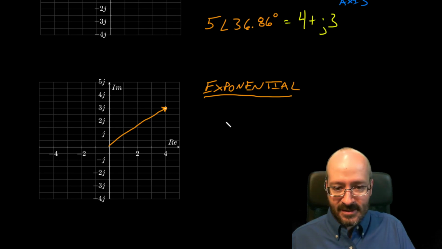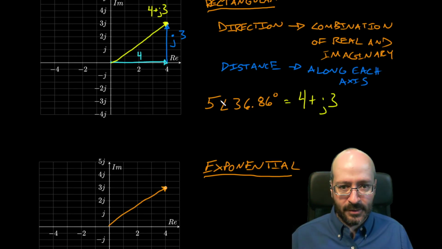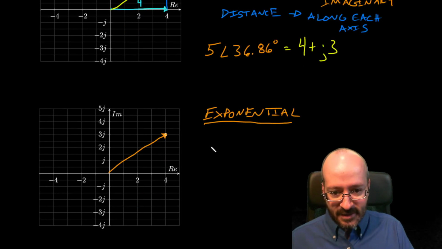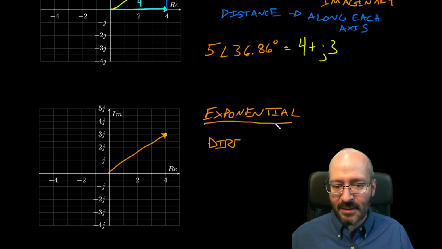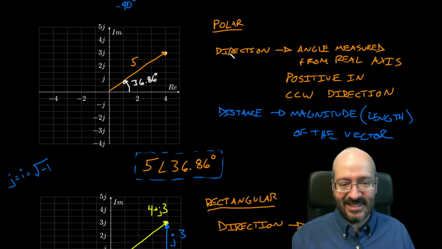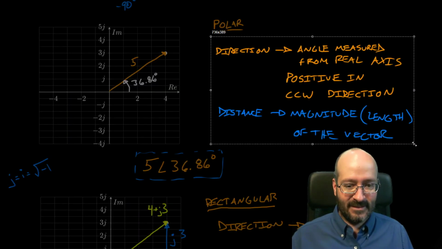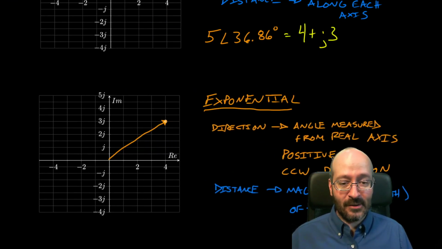He said we can take the direction and then distance. You know what? I'm just going to cut and paste it, because it's essentially the same as up here. It's the same information as polar. Look how easy that was.